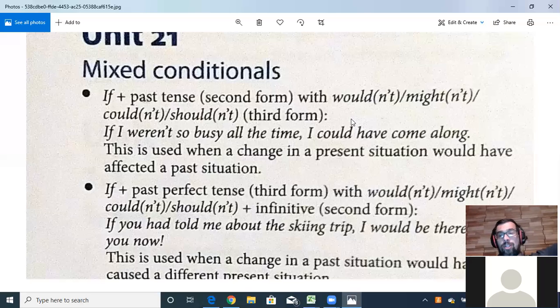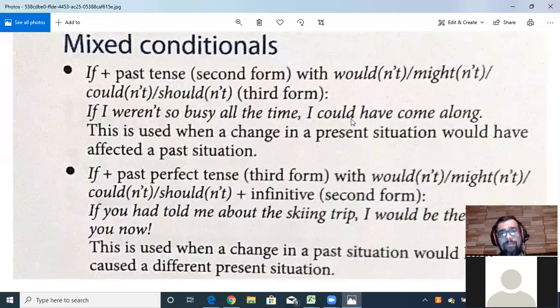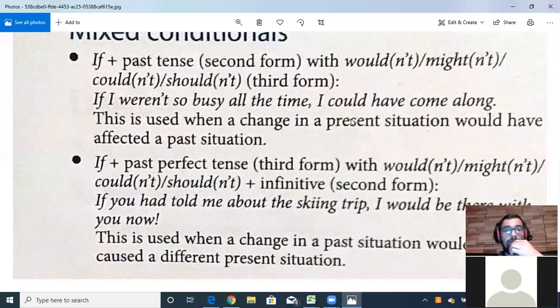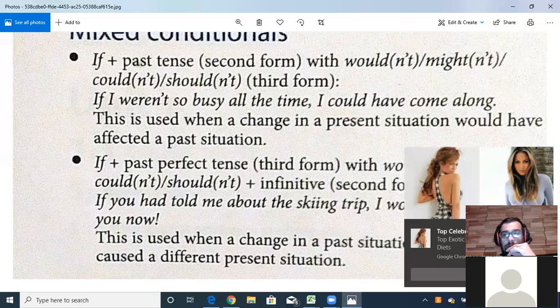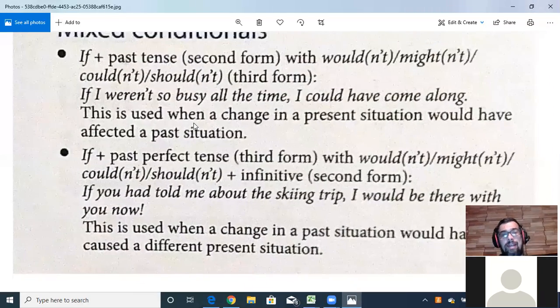It's talking about something in the past that is affecting the grade of your test in the present. Can you give an example? If I had saved enough money, I could have bought the new video game. Correct, perfect. So that's the example for that.